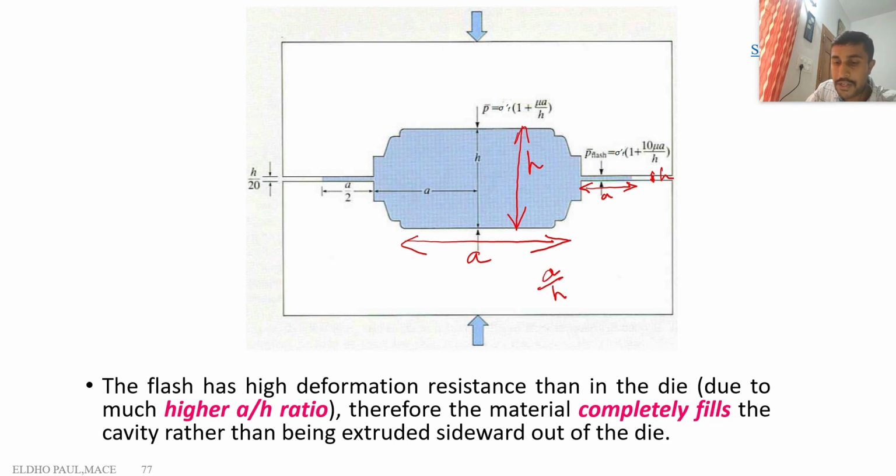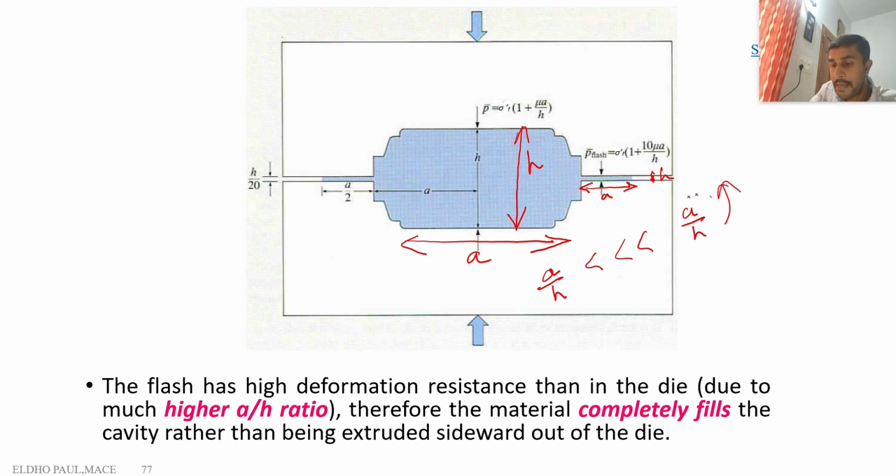The A by H ratio of the bulk material is a very low value, because A and H are almost the same. In the flash area, this S value is very small, so the A by H ratio will be very large.